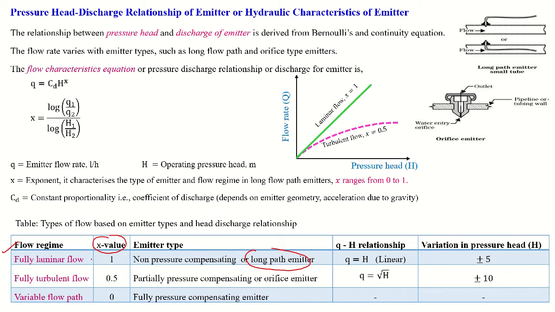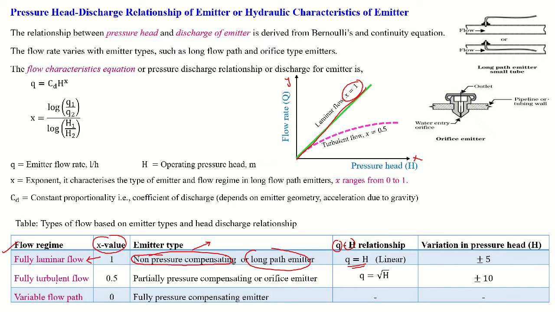In this condition the flow regime in this emitter is laminar flow, and the emitter type is non-pressure compensating, meaning the discharge varies. The relation between discharge and pressure head is linear, as shown in this graph. The x-axis is pressure head and the y-axis is the flow rate of your emitter. This can be represented as a linear relation for x equals 1.